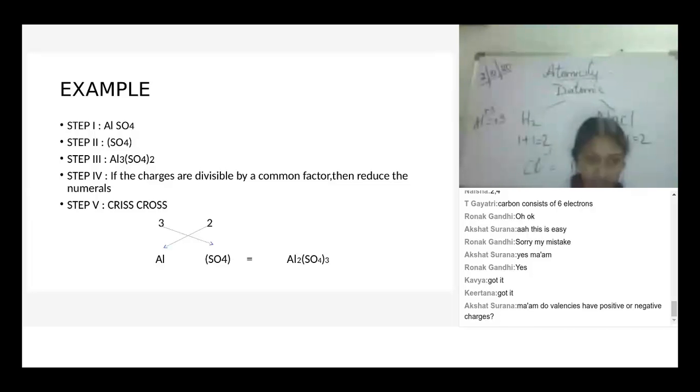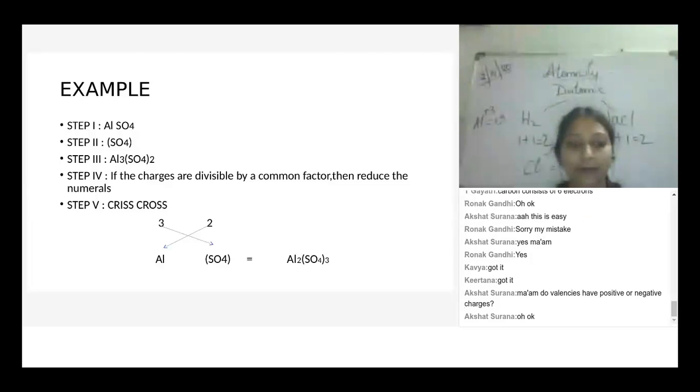Now, do valences have positive or negative charges? Definitely, yes, they do, but when we write the valences, we won't mention it. When we do the crisscross method, mostly we won't mention it, but there are charges. So how do we write the charge? For radicals, we need to learn the valences by heart.